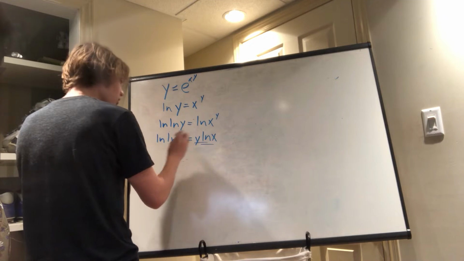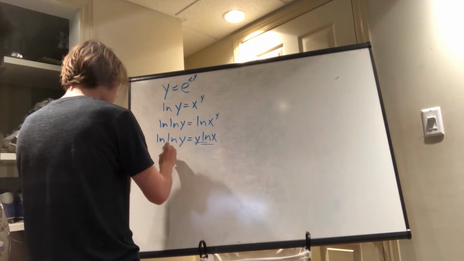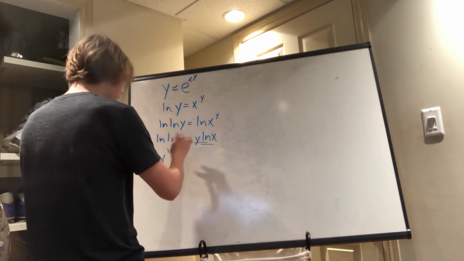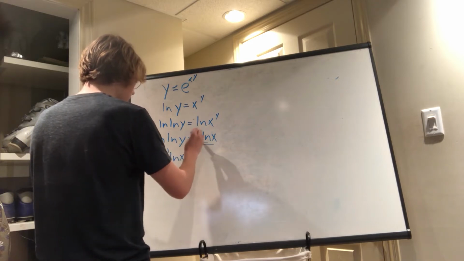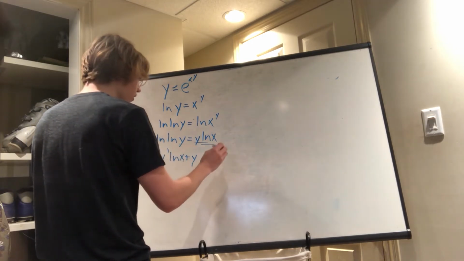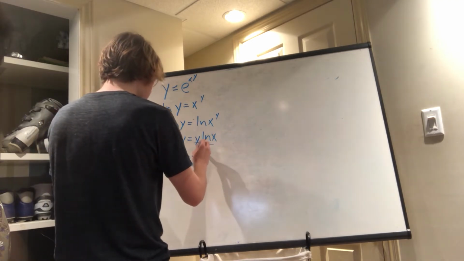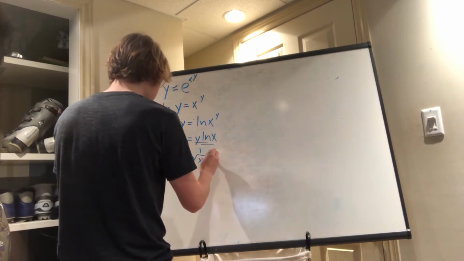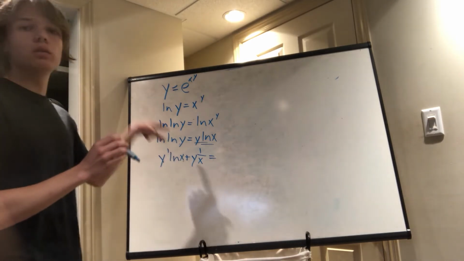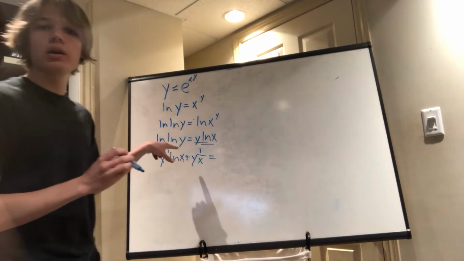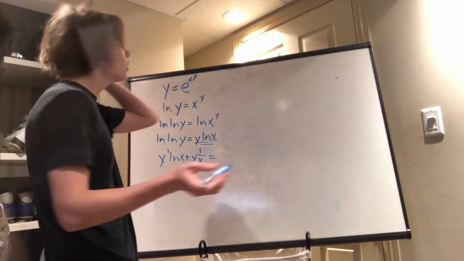So the derivative of y is just y prime, leave, ln x, plus leave the y, derive the x, so that's 1 over x, equals, and then the ln of y. What does that equal?